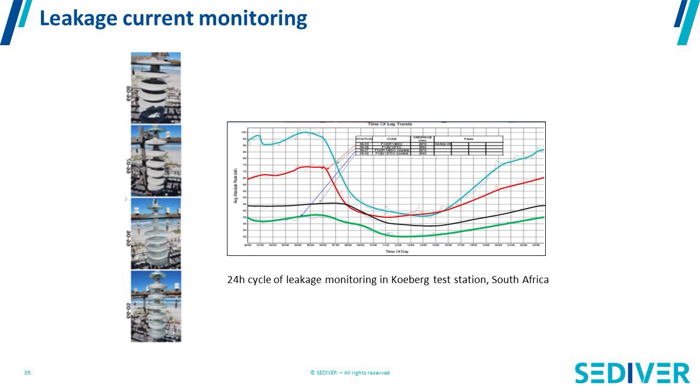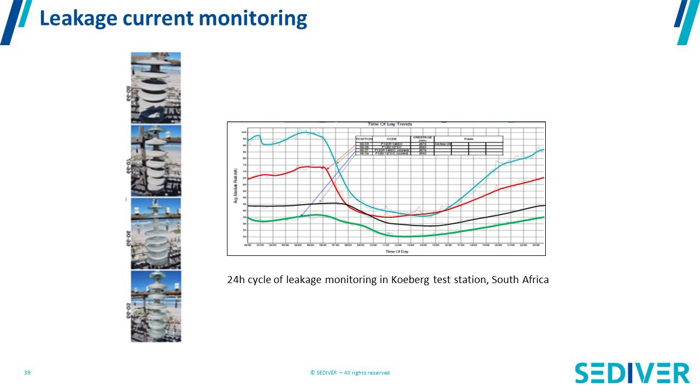The blue and the red curves show you that in the morning, where you have a little bit of fog, you have some dew points, surface of insulators are wet, you have a high leakage current. Then the sun comes out, insulators are drying out, and the leakage current goes down for the entire day until the end of the day where moisture comes back in and the leakage current goes up.